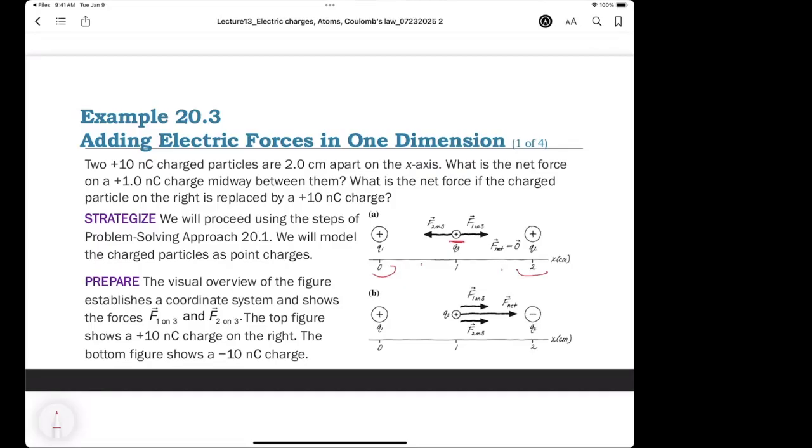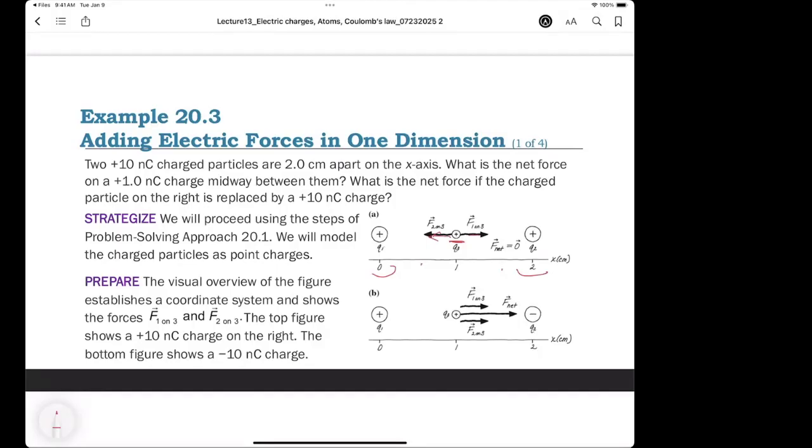We will proceed using the steps of the problem solving approach 20.1. We will model the charged particles as point charges. The visual overview of the figure establishes a coordinate system and shows the forces, 1 on 3 and 2 on 3. The top figure shows a positive 10 nC charge on the right.